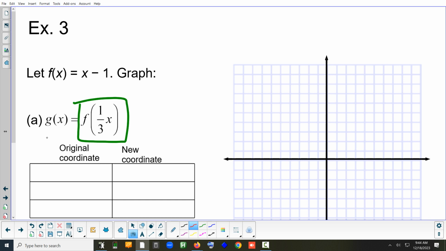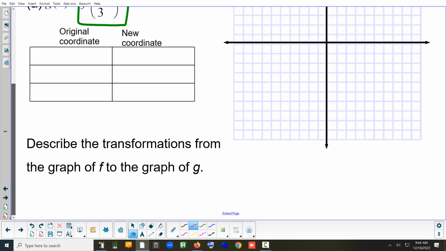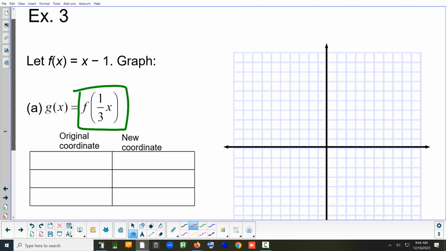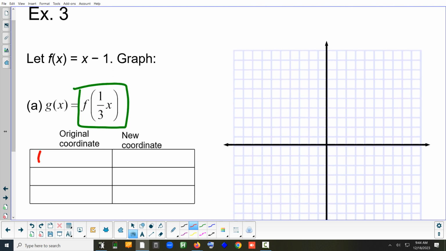All right, so let's get some original coordinates, and then we'll get the new coordinate, and then we'll describe the transformation. All right. What would be a good x value that we could pick? And keep in mind, you have to take 1/3 of it. So I'd like to avoid fractions if we could. 6. 6 is perfect.